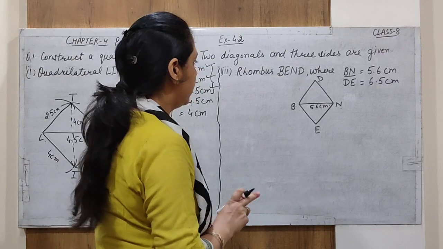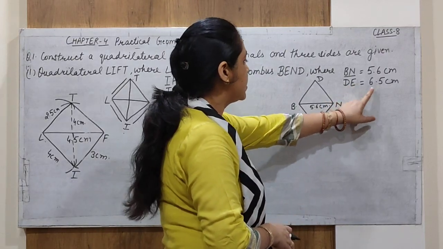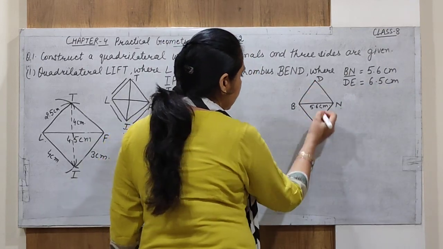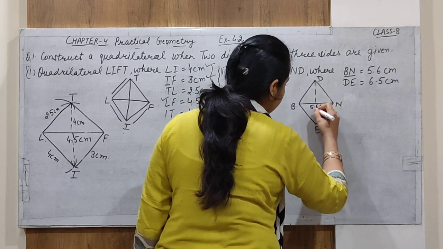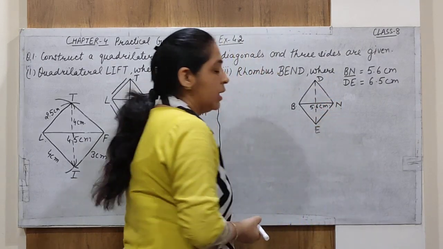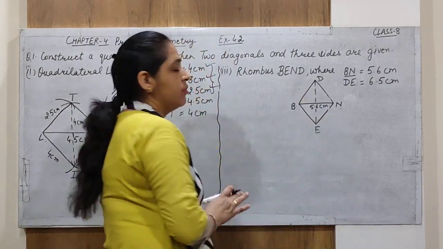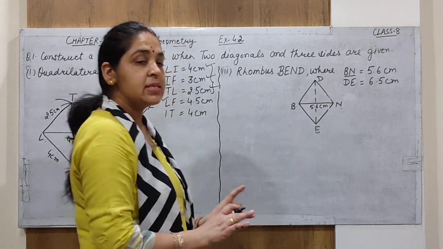Second, DE is given and it is 6.5 centimeter. Now DE is also another diagonal. When we join these 2 points, we get another diagonal. So only two diagonals are given for the rhombus. No length of a side is given.